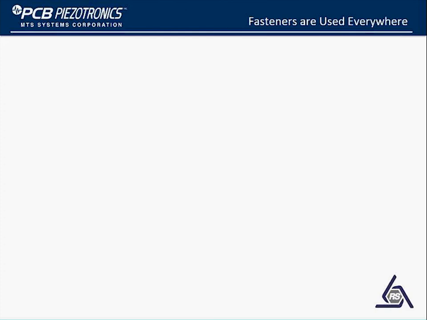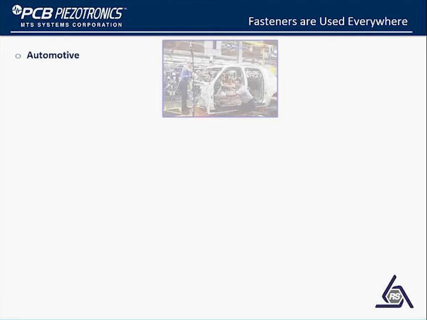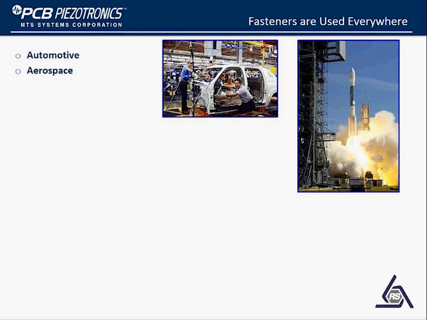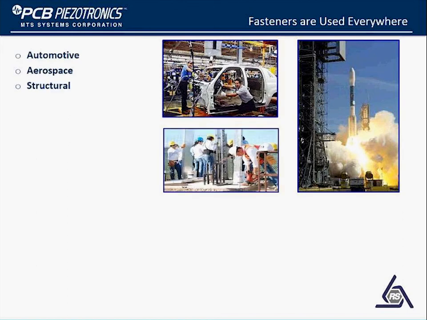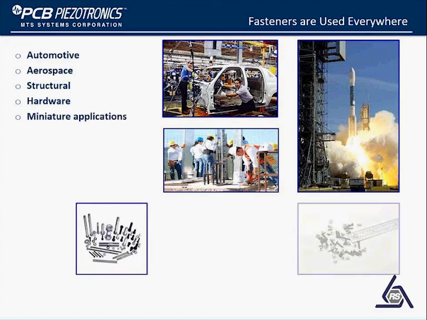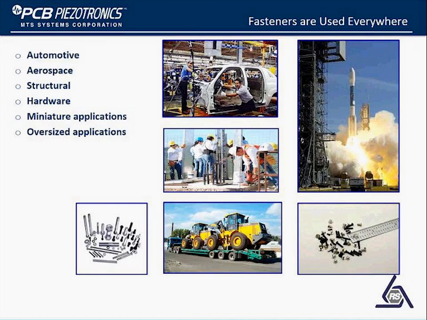Now, fasteners, as we've talked about in general terms, are used everywhere: in the automotive industry, in aerospace, in structural assembly, in the hardware business, miniature applications, oversized applications, many, many different industries.